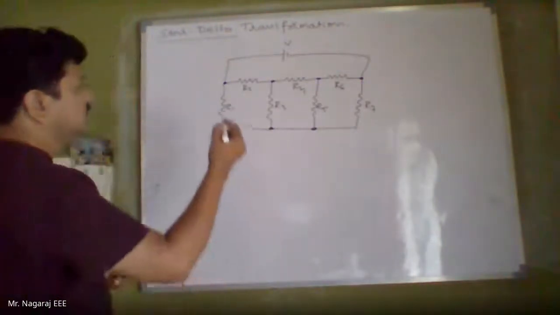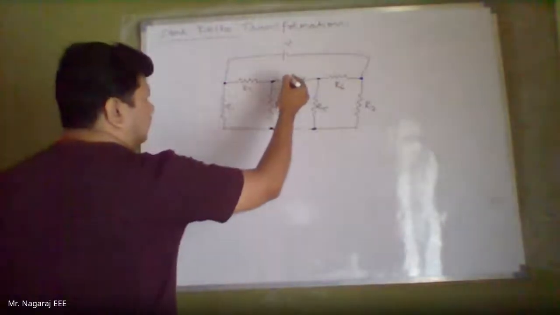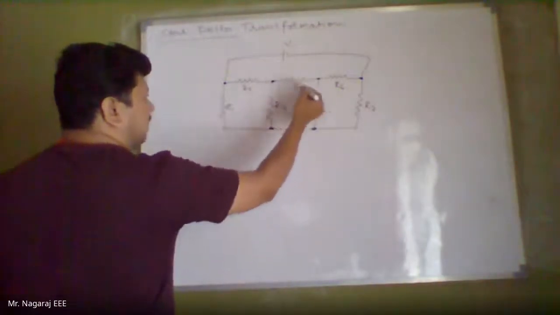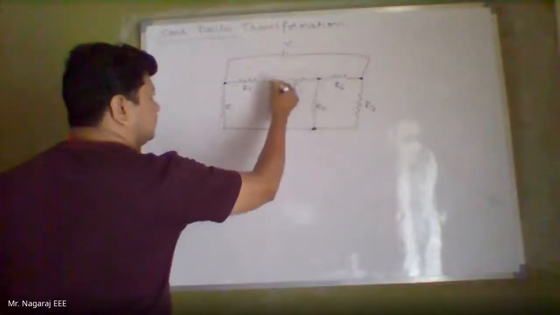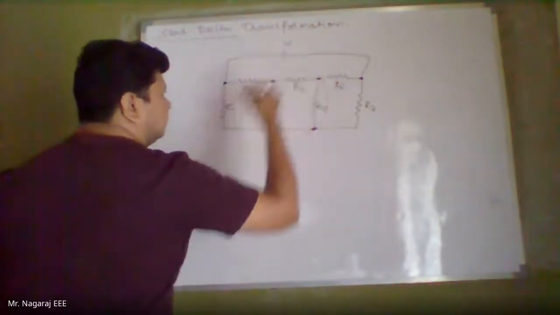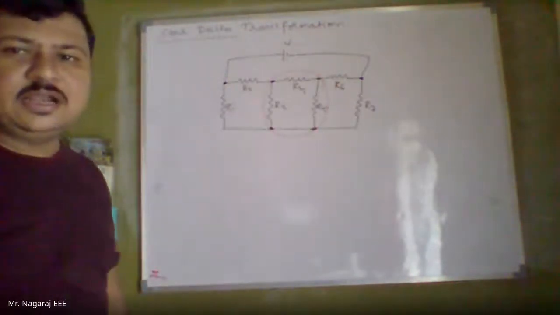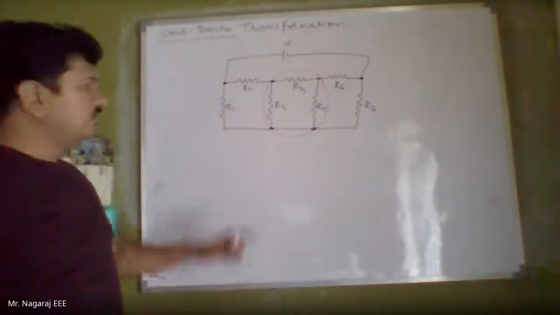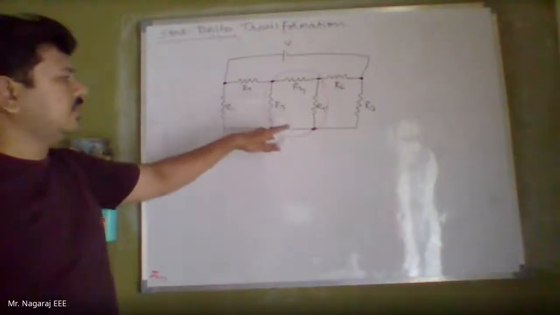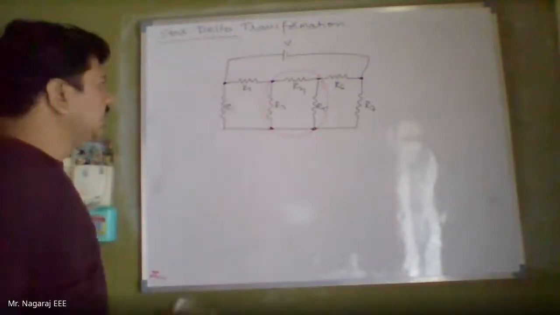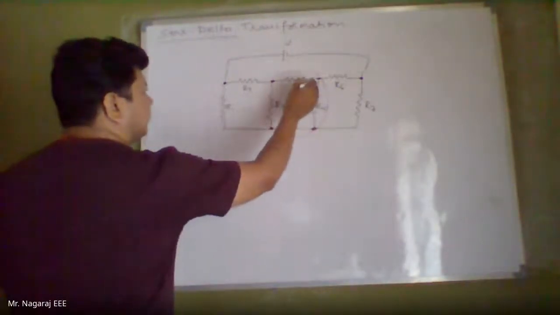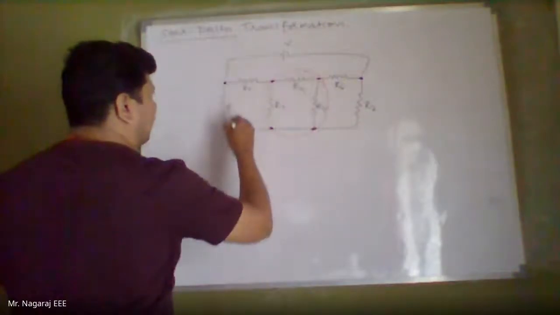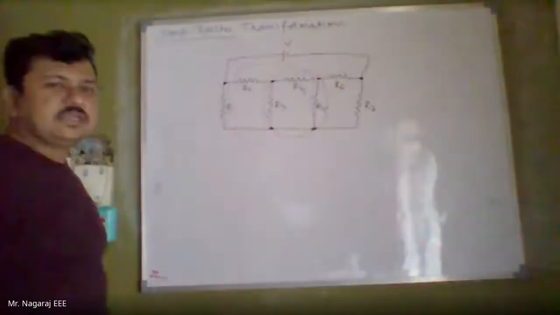Now if you consider the transformation here, you can observe that R3, R4 and R5 will form the delta connection. If you see R2, R3 and R4, it will form star connection.